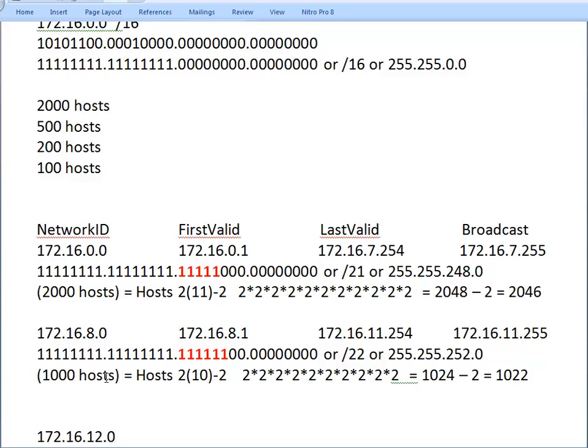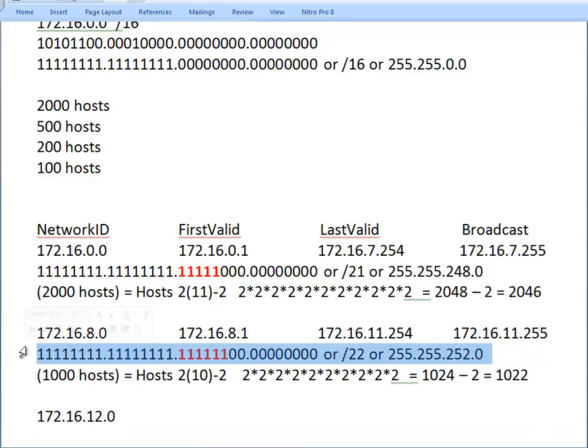Right. Now the next thing we have to think about is 200 hosts. What do we need for 200 hosts? Now I'm just going to pause.